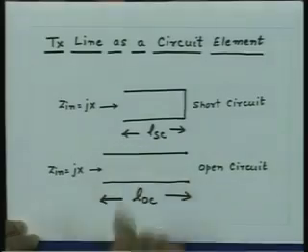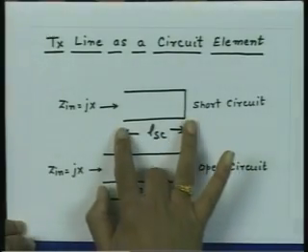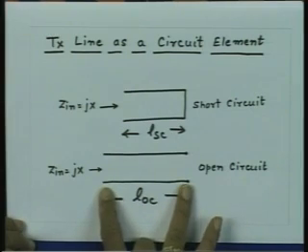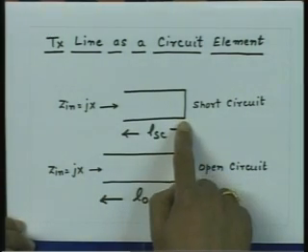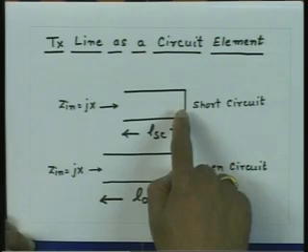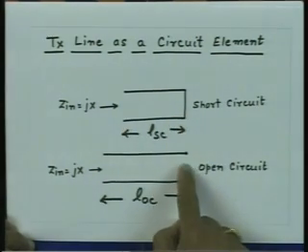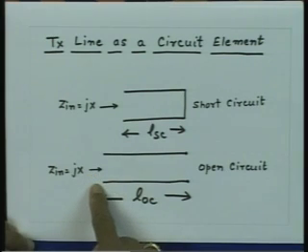Having said that, let us consider now a specific case that the length of the line is lambda by 4, either the line can be open circuited or short circuited. So, the length which we have called last time is LSC, which is the length of a short circuited line. This length is now lambda by 4. Similarly, LOC is also lambda by 4. So, since the length is lambda by 4, and as we have seen that the normalized impedance inverts itself every distance of lambda by 4, this open circuit will appear like a short circuit in the line.